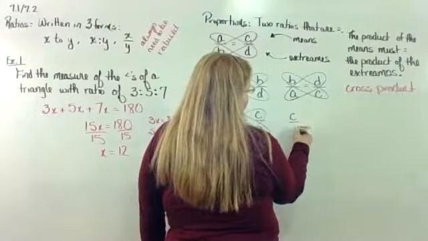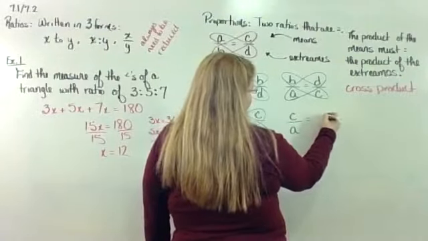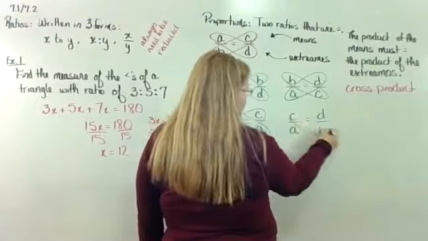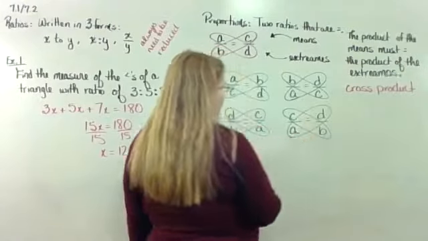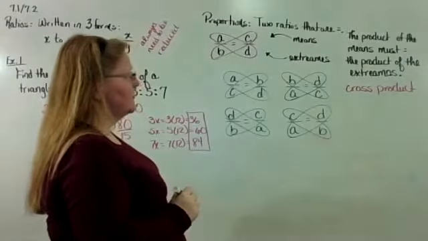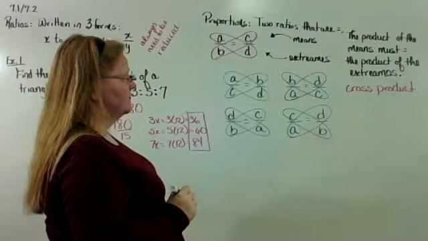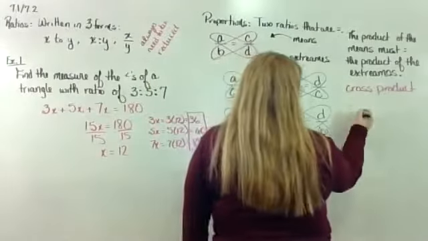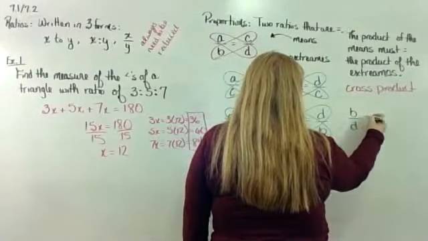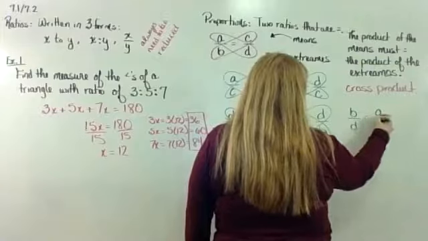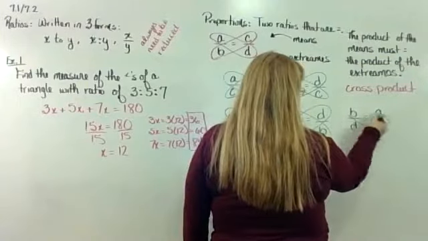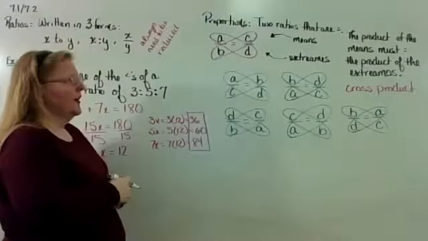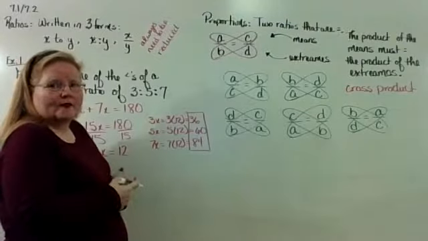You could say C over A is equal to C over B. Still gives you the same cross product. Same stuff. Or we could say B over D is equal to A over C. Same cross product. As long as you don't mess with those cross products, you're okay. That's the big takeaway.